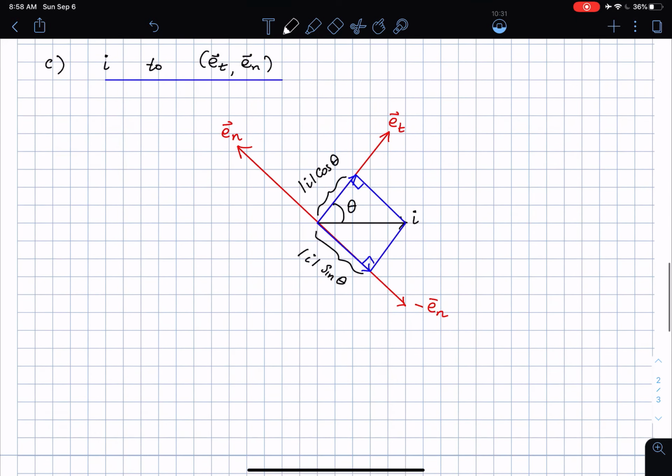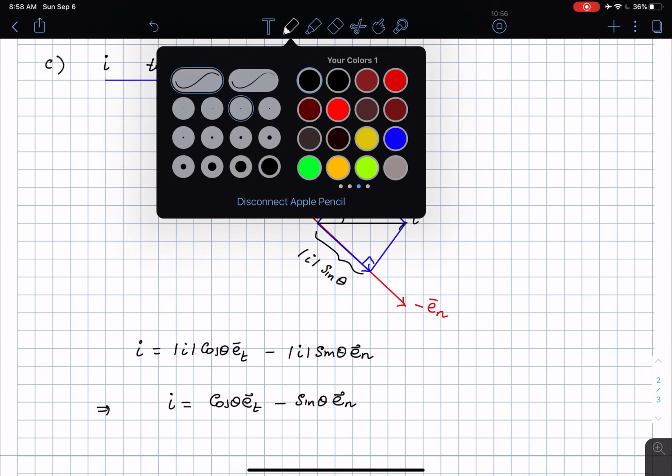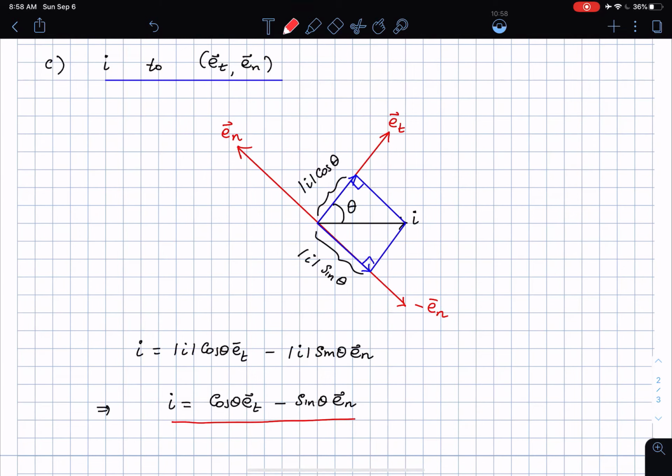It is equal to 1, which essentially tells me that I is equal to plus magnitude of I times cosine theta in the Et minus magnitude of I sine theta in the En, or I is cos theta Et minus sine theta En. Okay, so this is the transformation from I to En and Et.